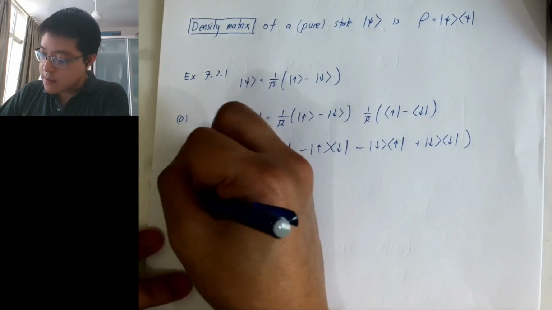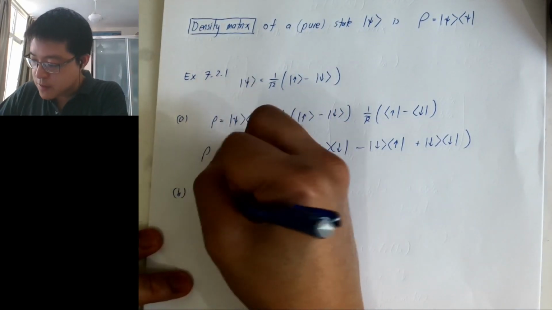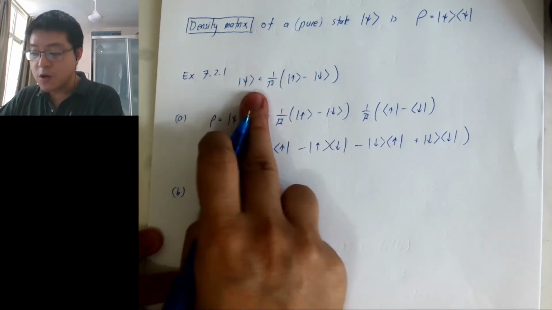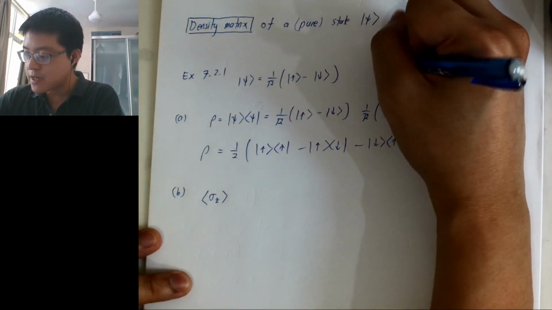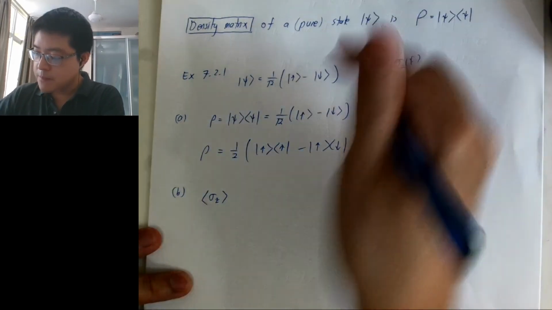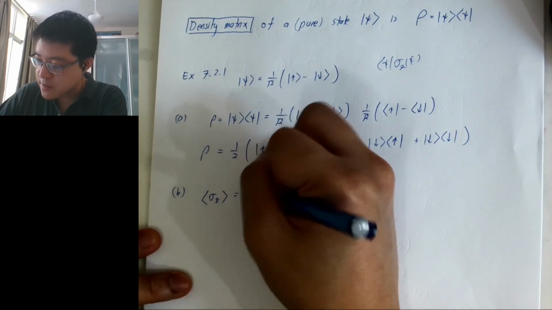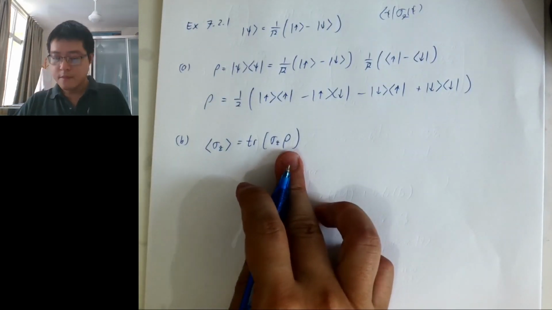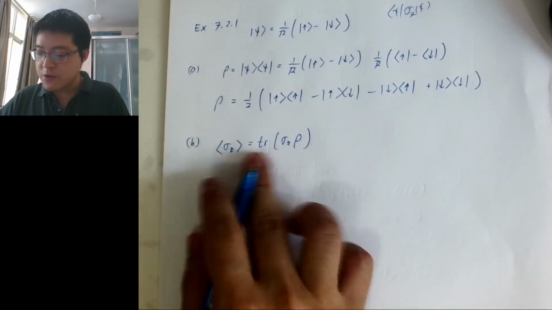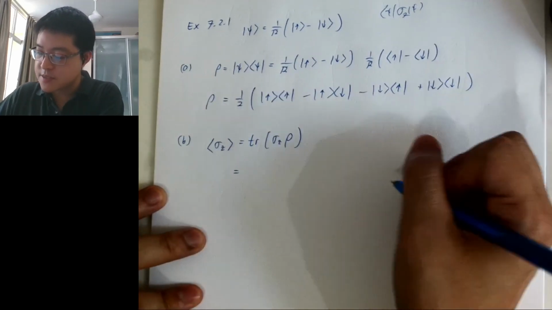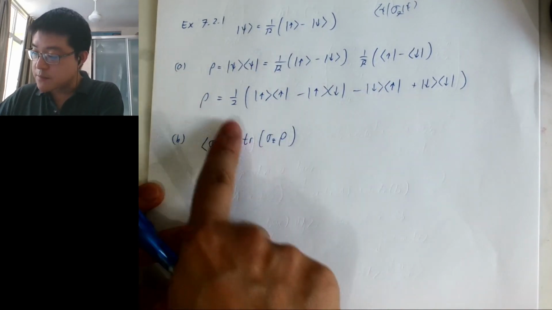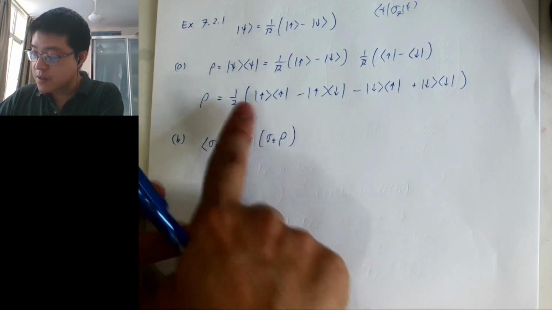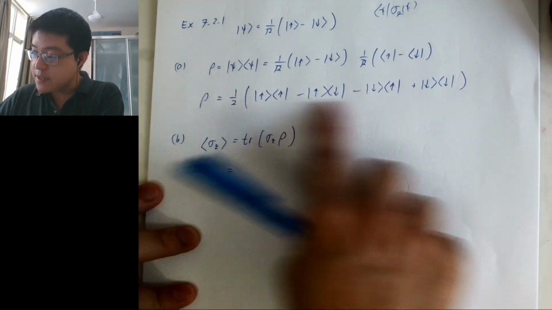Okay, and the next thing that we want to do is calculate sigma z. We know how to do this, but now we practice using the trace method. So it's the trace of sigma z times the rho operator. Okay, so this is how you calculate using density matrices. That means my sigma z acting on all of this, and the trace operation is linear.